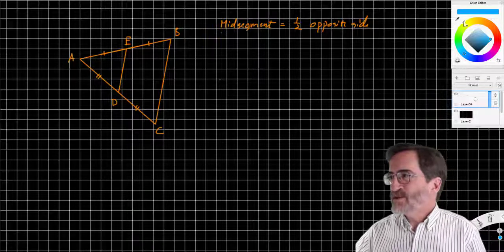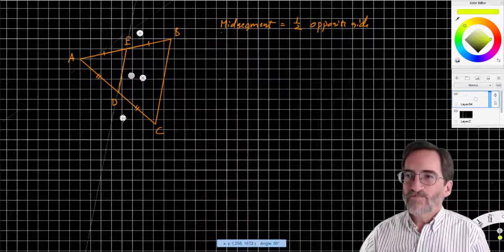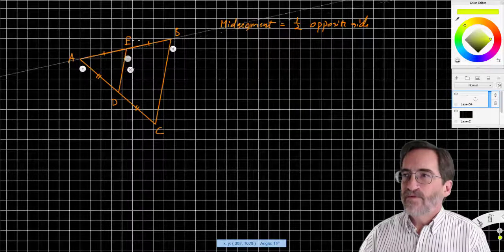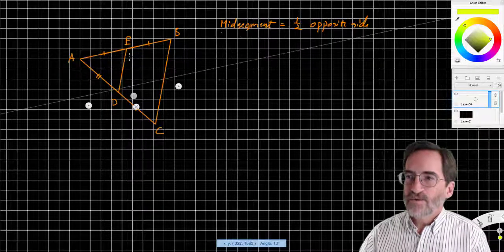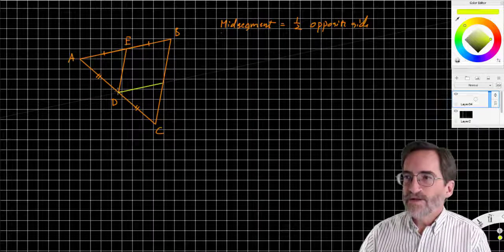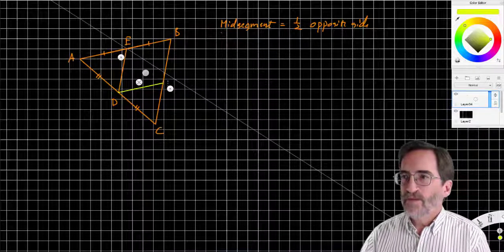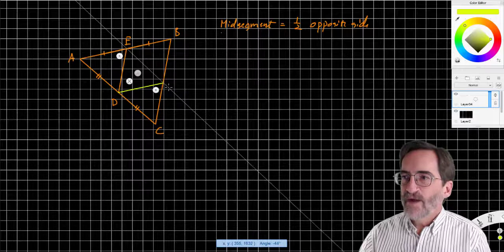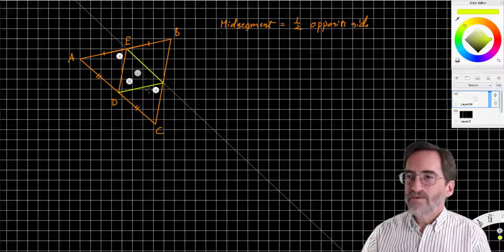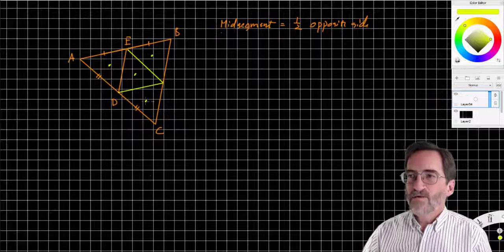Now, just to make sense of this, I do want to extend this a little bit here. There is more than one mid-segment to any given triangle, and there are, in fact, 3 mid-segments to a given triangle. And if I draw all 3 mid-segments of a triangle, I end up with 4 congruent triangles. 1, 2, 3, 4.